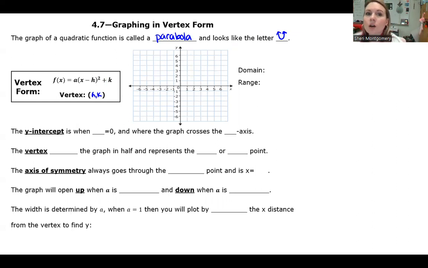All right, this is all review, so y'all should be real good at this. The y-intercept is when what is equal to 0? When x is equal to 0, and it's where the graph crosses the y-axis. I'm going to pause for a second.